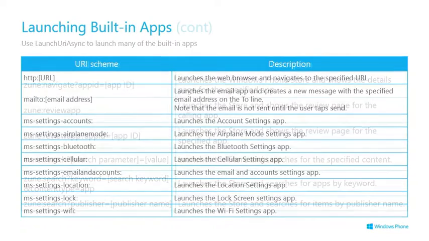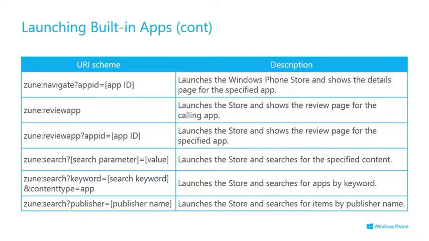And the Wi-Fi one. And there's a whole bunch as well which are all about diving into the Windows Phone Store, finding review app, going to the review page for the calling app, and going to searches for specific content, search for apps or search for other apps by the same publisher. So all good ways of connecting your user to other stuff that you have written or to encourage them to enter review details.